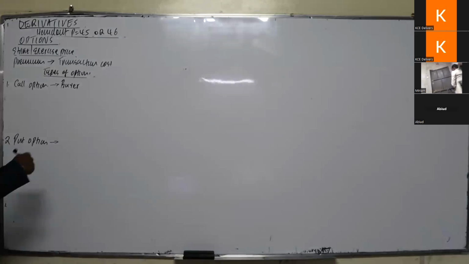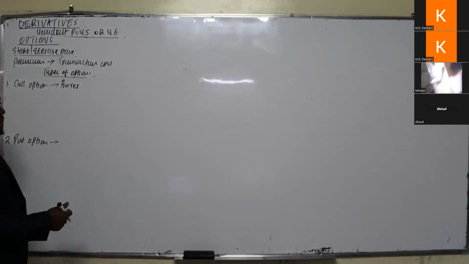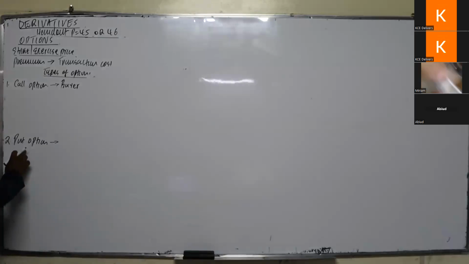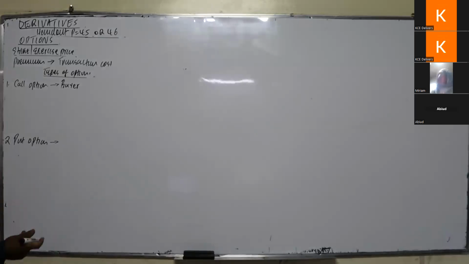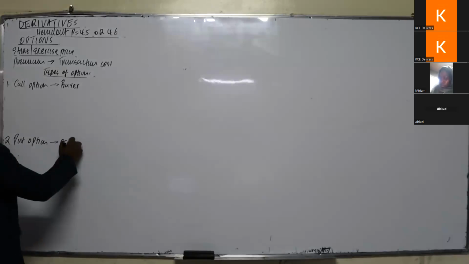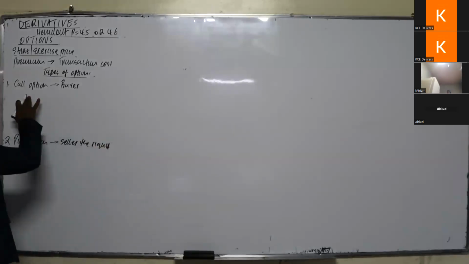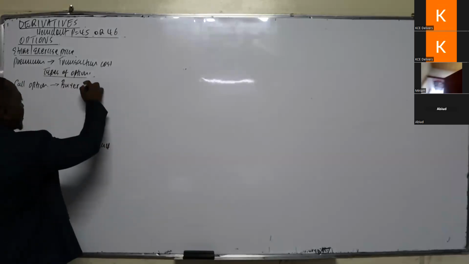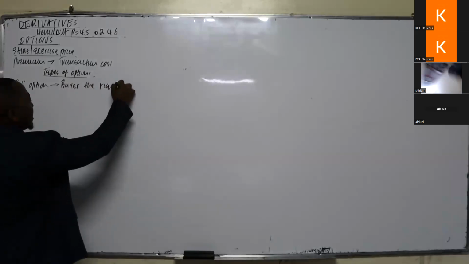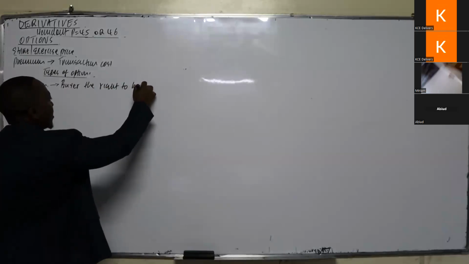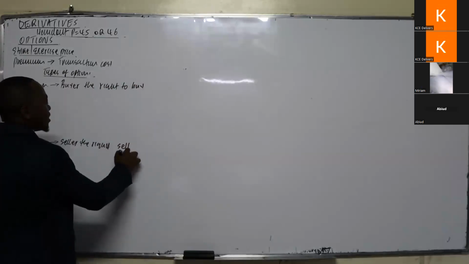Put option, you are the one putting. That means you are selling it, so you are the seller. Put options give the seller the right to sell. Call option gives the buyer the right to buy, and this one is the right to sell.